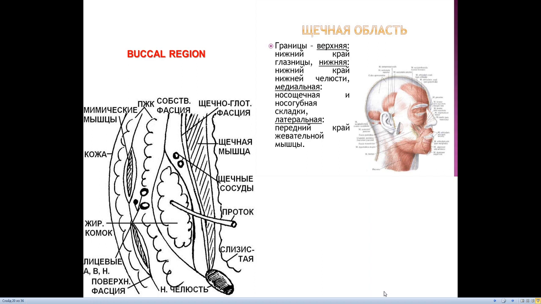Anteriorly, it's the nasolabial and nasobuccal folds. And posteriorly, it's anterior margin of the masseter muscle.